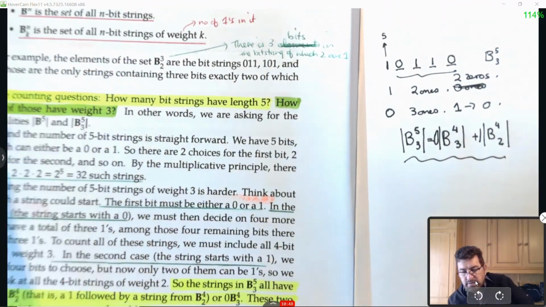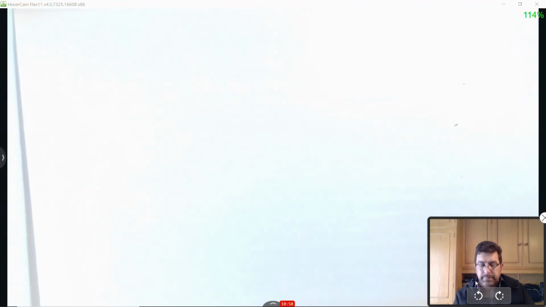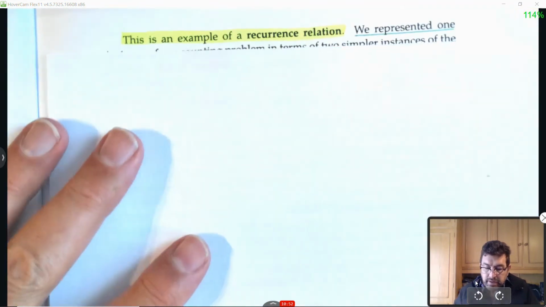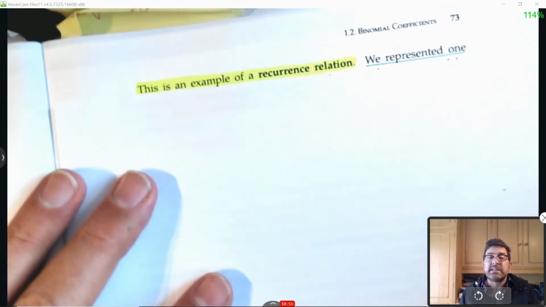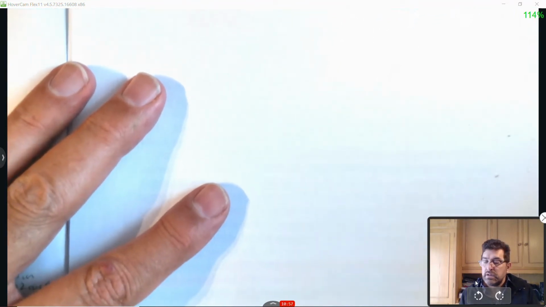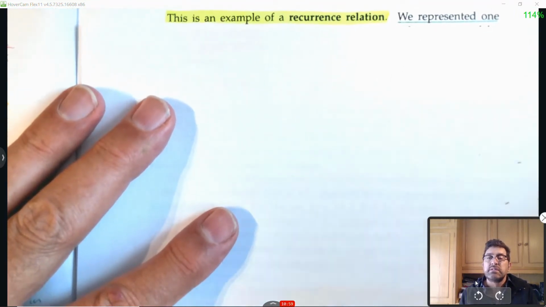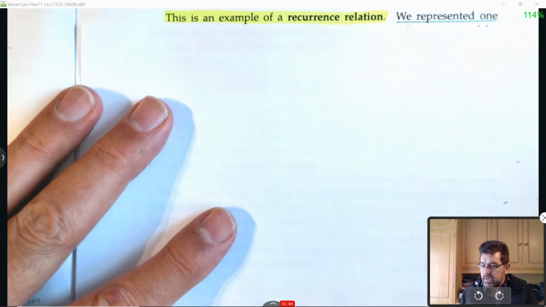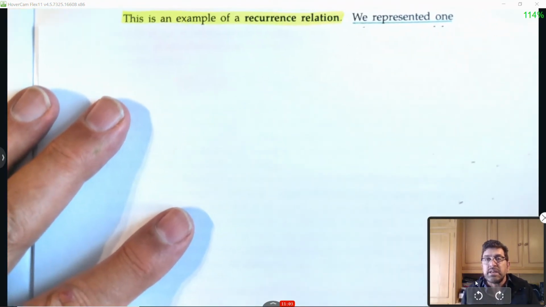Okay, so let's have a look here. This here, they say, is an example of a recurrence relationship. Now we need to know what that means.